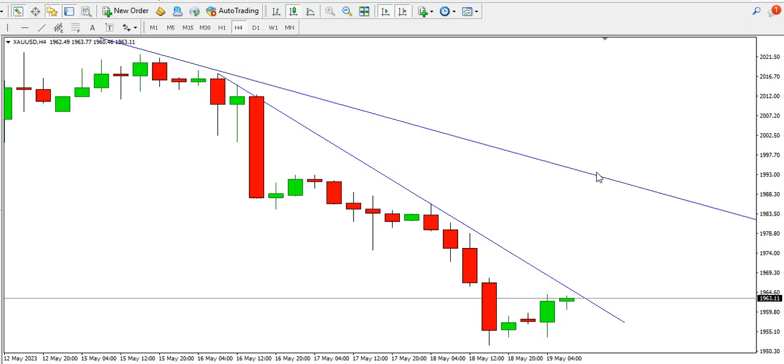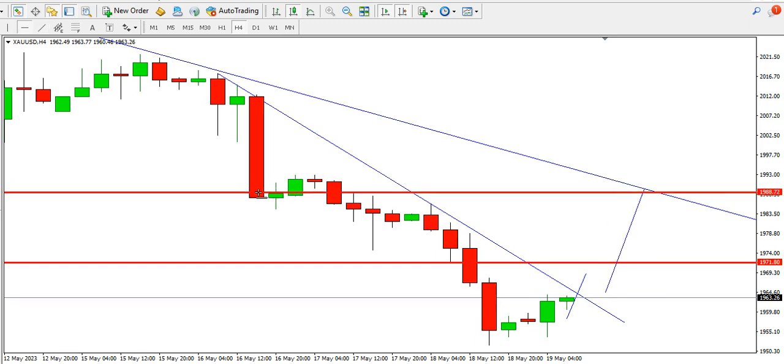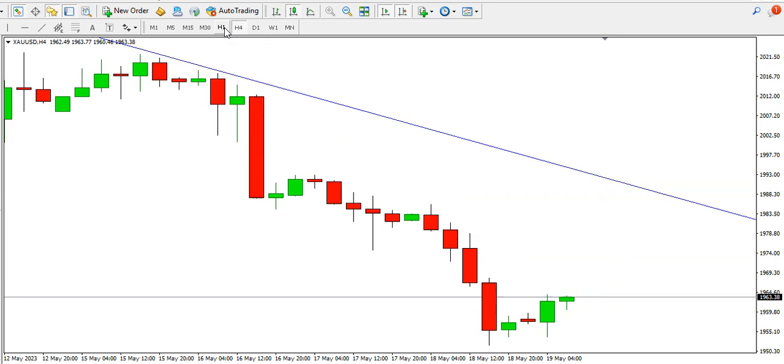This is another descending trend line, so we might see a break of this particular trend line to the top, to somewhere around 1971, max to see a break to this point where we have the 1989 area. So for now, the price of gold is trying to recover. The bulls are stepping in, and you might want to look for buying opportunities.